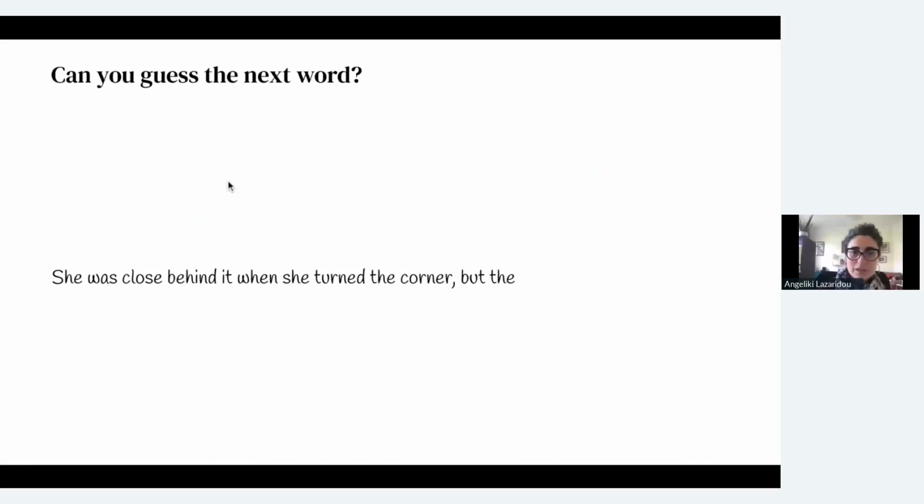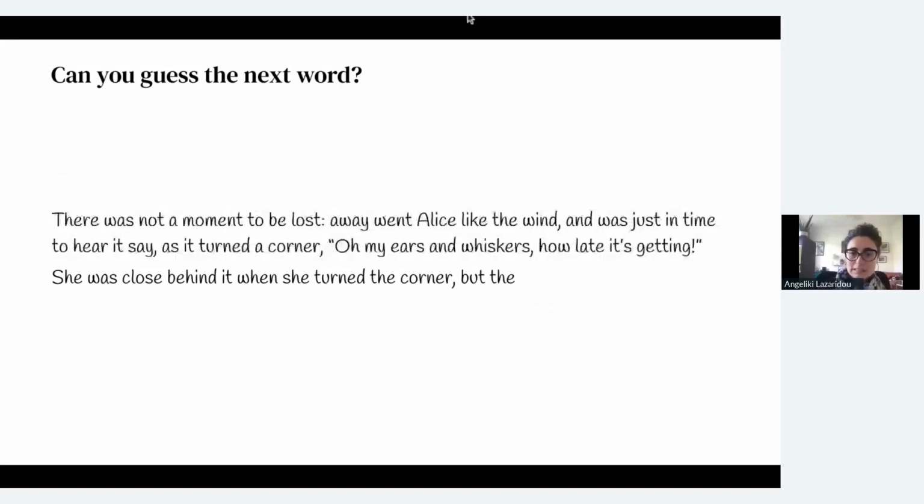So I'm going to unveil a bit more context here. I'm not going to read it, but basically we see that Alice comes into play and there is something that has ears and whiskers. So can you now guess what the word is? Well, it becomes a bit easier.